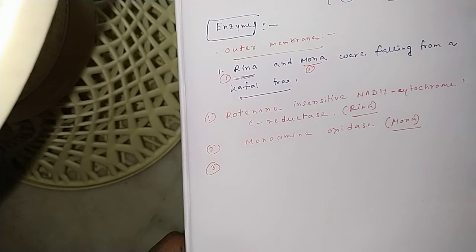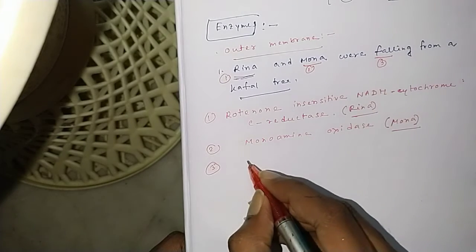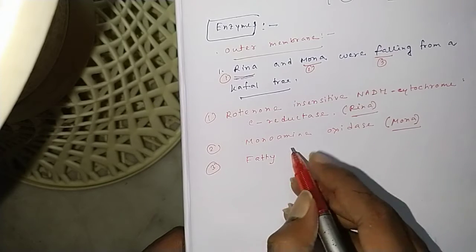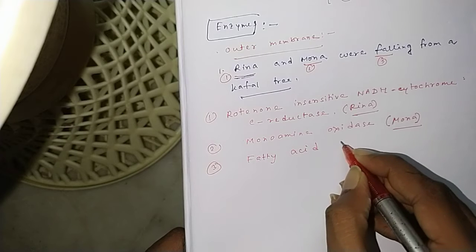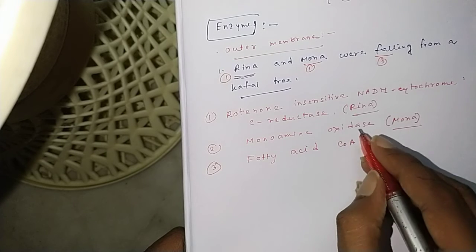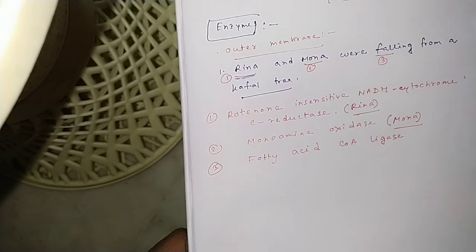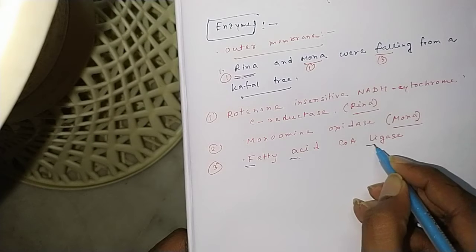Then you have the third part, that is fall, that is fatty acid coenzyme A ligase. So you can easily see F, A and L, that is fall.